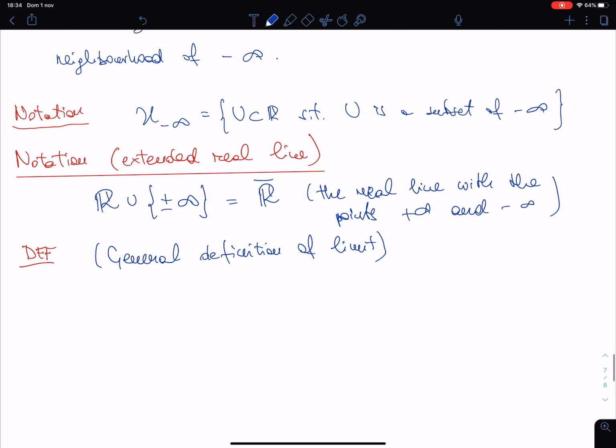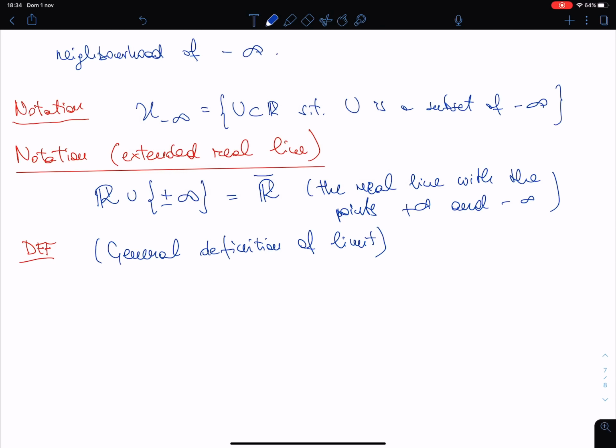Which is the following. We say that E subset of R, x bar is a point of accumulation of E. No, let me introduce. Sorry. There's a passage when using point of accumulation because I have to define when plus and minus infinity are points of accumulation. So, definition.